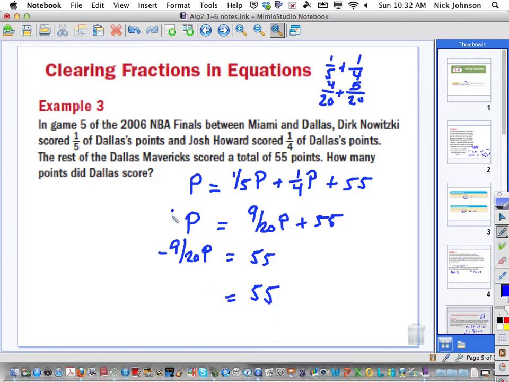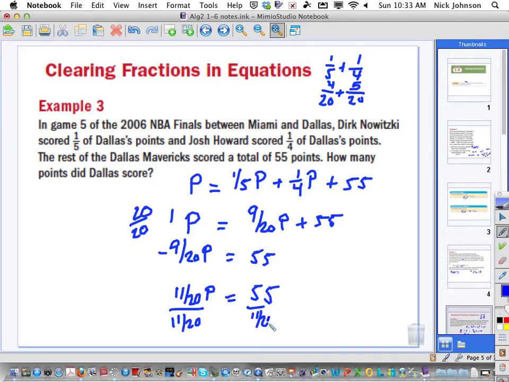Well, what's 1 minus 9/20? Well, 1P is 20/20, right? So it is 11/20 times P. So divide by 11/20.